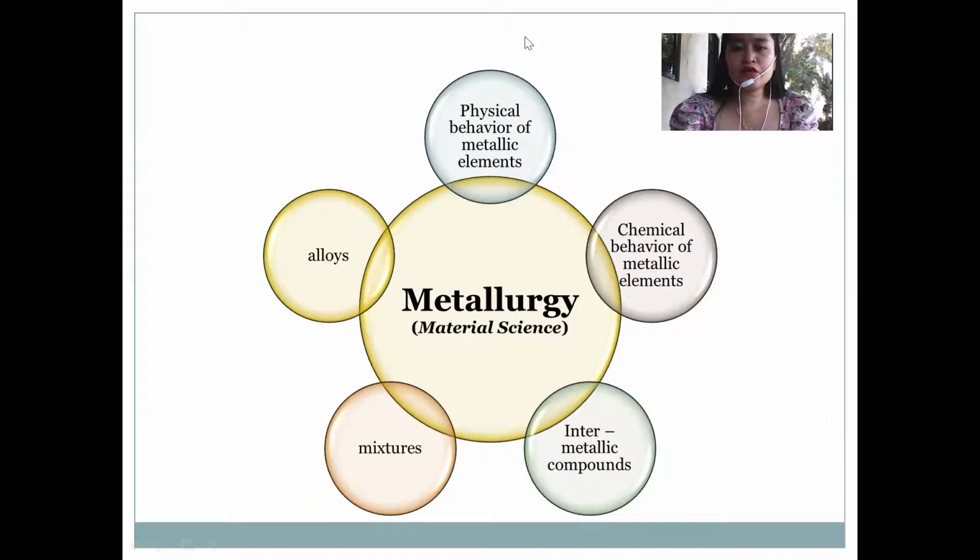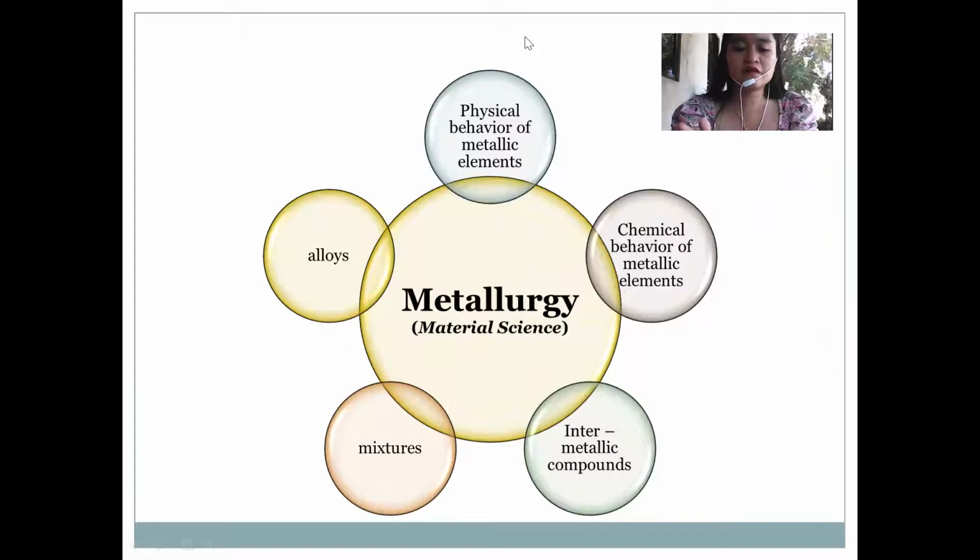So when we say metallurgy, we have three components: process metallurgy, physical metallurgy, and mechanical metallurgy. Process metallurgy is concerned with the extraction of metals from their ores, and also with the refining of metals.